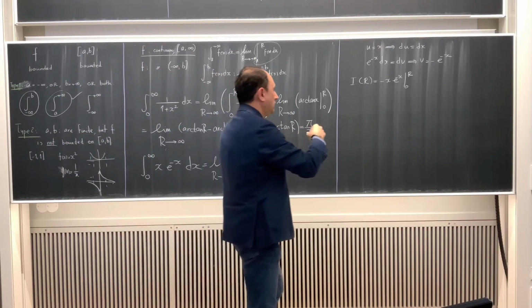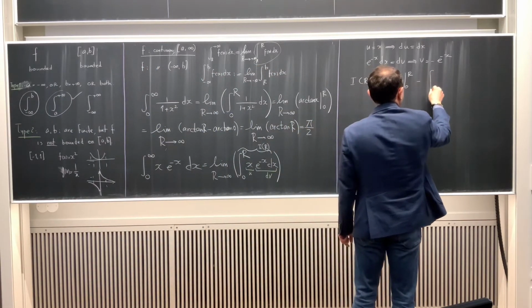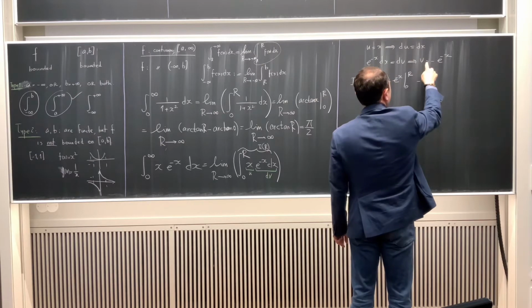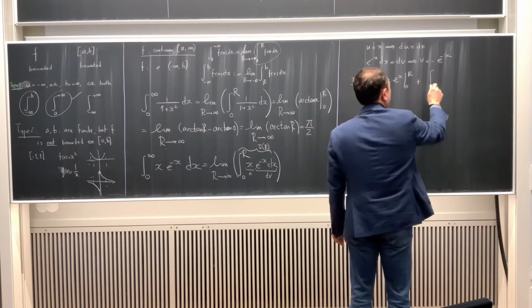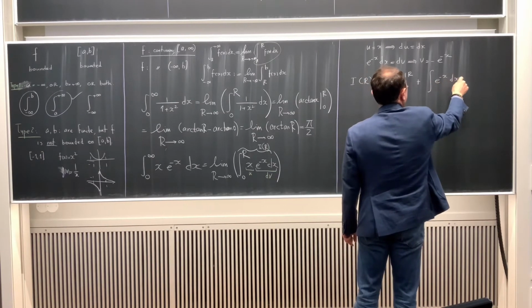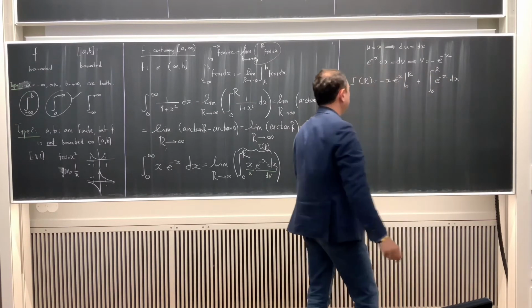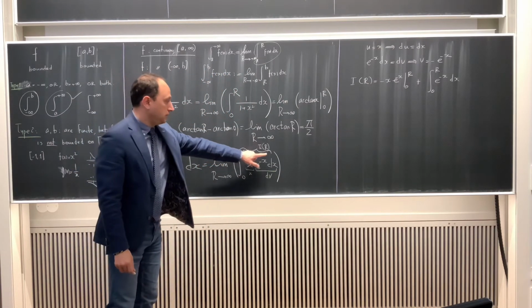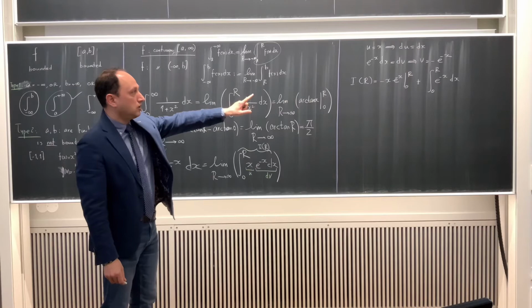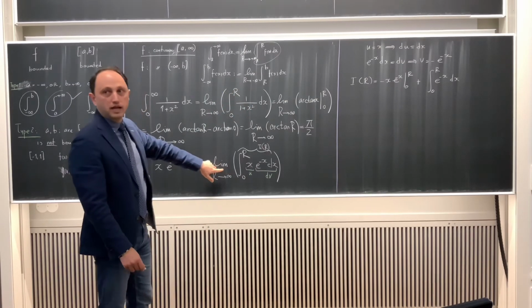It goes from 0 to r, and then minus integral v times du. But in v, I have a negative sign, which makes this one positive, and e to the power of minus x dx from 0 to r. So this is my I of r. I gave it a name, and I'm just calculating I of r. At the end, I will take I of r and calculate the limit.